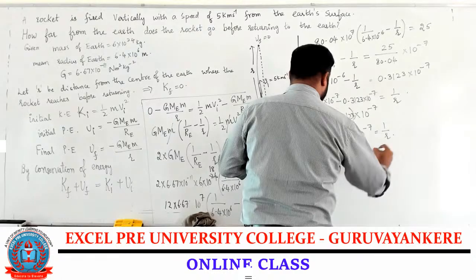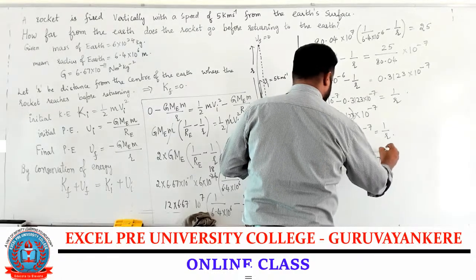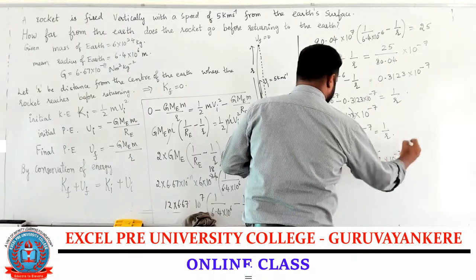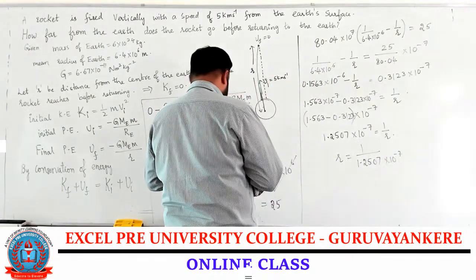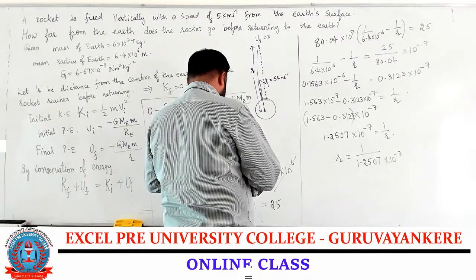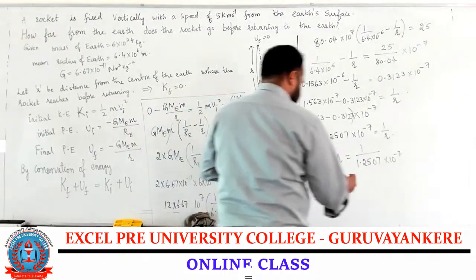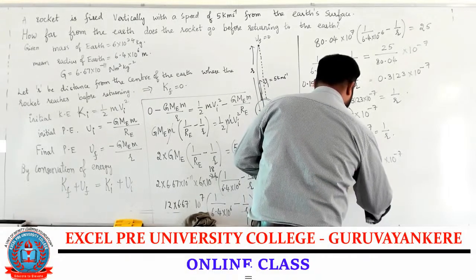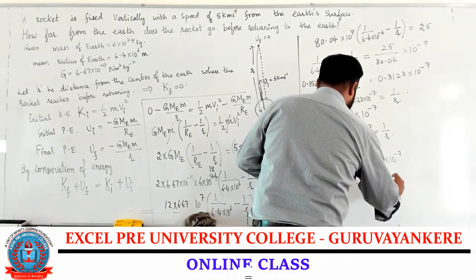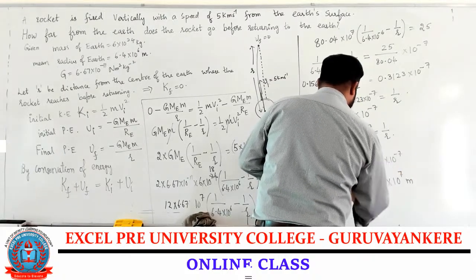r is 1 by 1.2507 into 10 to the power minus 7. So 1 by 1.2507 is 0.799 into 10 to the power 7 meter.